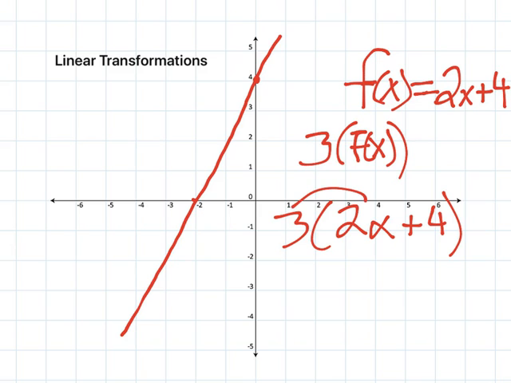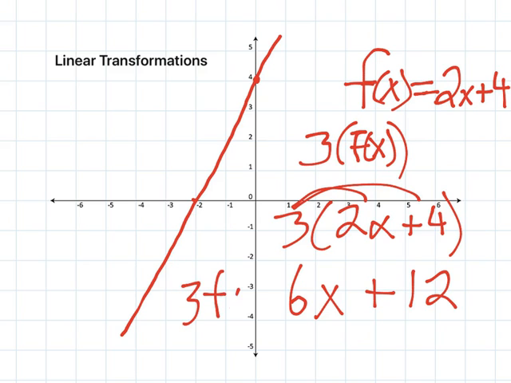Then you just distribute. 3 times 2x is 6x, and then 3 times 4 is 12. So you end up with your new 3 times f of x equal to 6x plus 12. So that makes the new y-intercept 12 and the new slope 6.